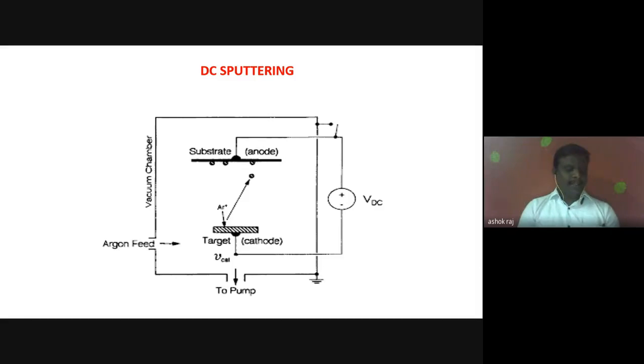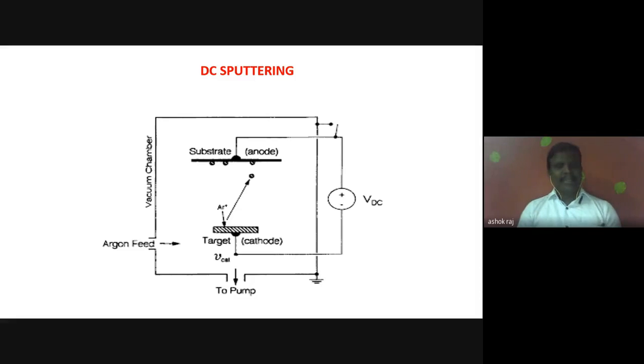The sputtering yield also decreases with a large increase of ion energy, because with large ion energy, there is deeper penetration of ions inside the crystal lattice.